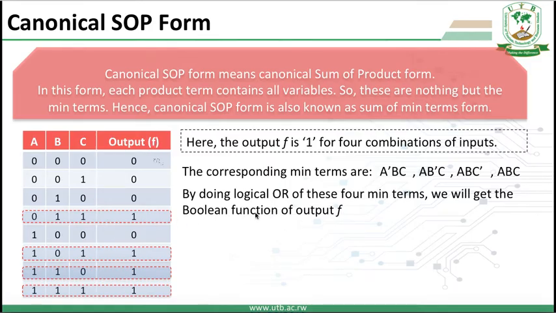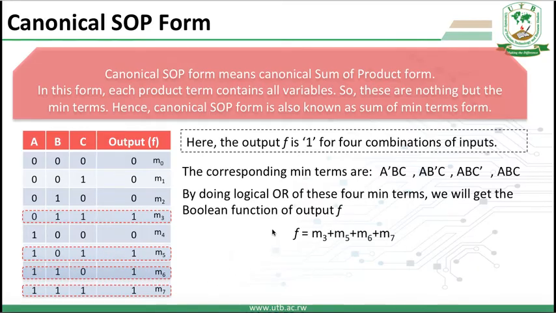How? We denote a min term with a small m, so m0, because the first one starts from 0, then m1, m2, m3, m4, m5, m6, m7. Here you can see we are getting 1 as an output at m3, m5, m6 and m7.